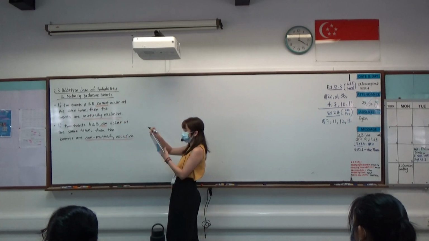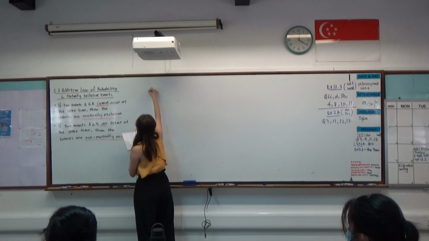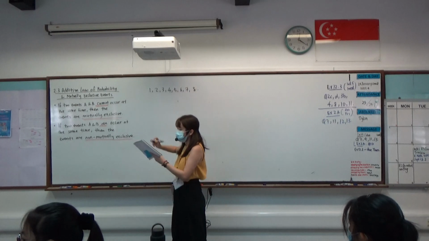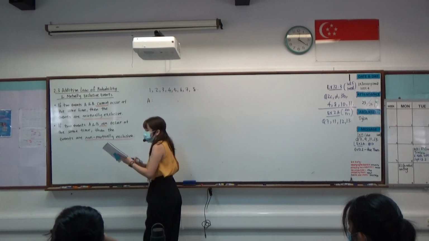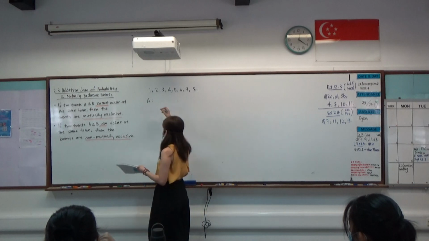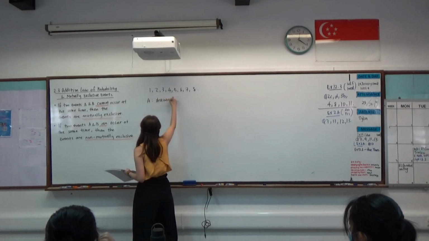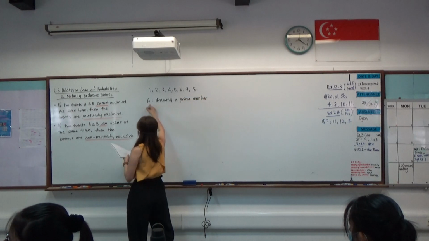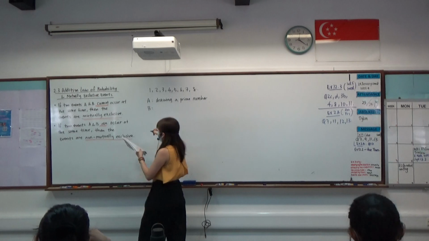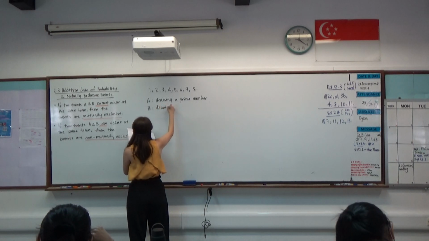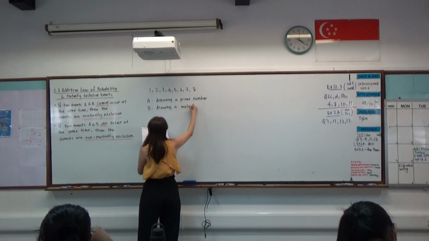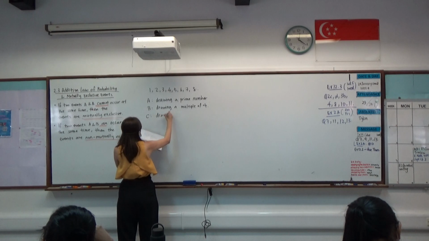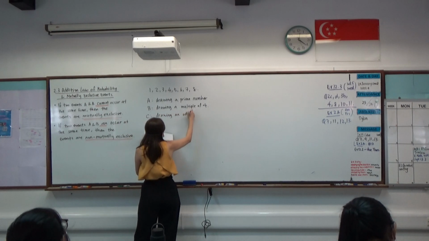If I have 8 cards in the box, numbered 1, 2, 3, 4, 5, 6, 7, 8, let A be the event of drawing a prime number, let B be the event of drawing a multiple of 4, and C, drawing an odd number.